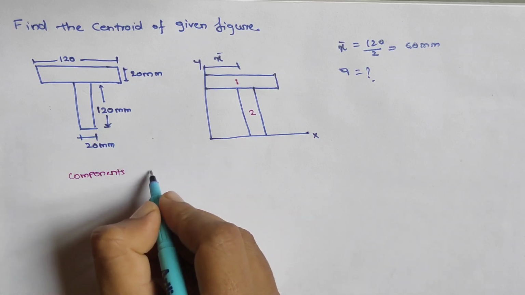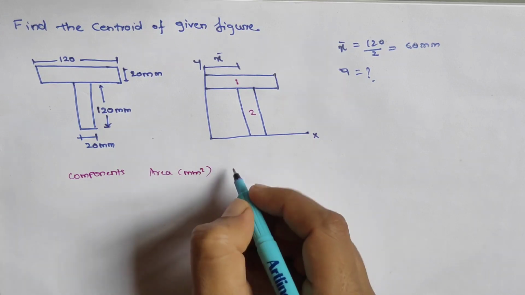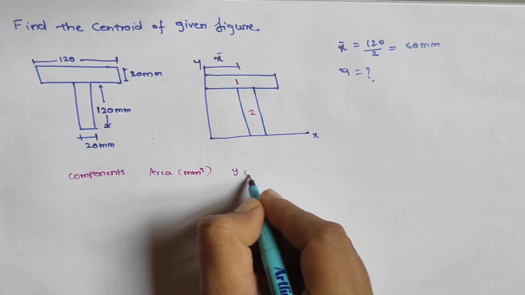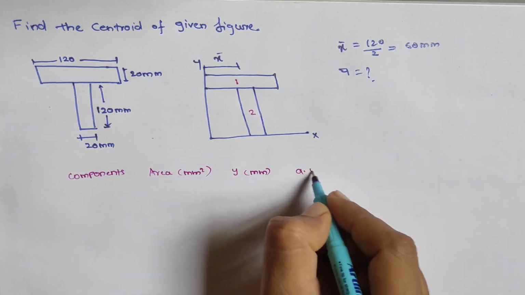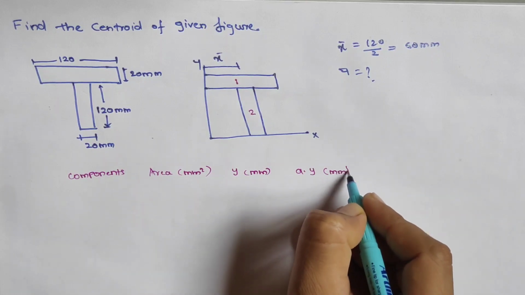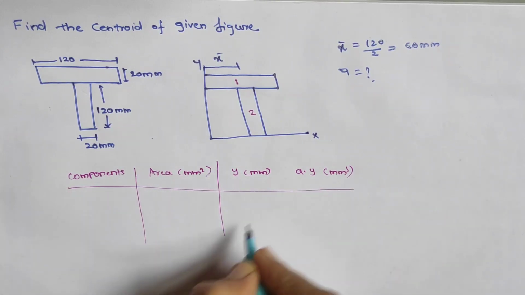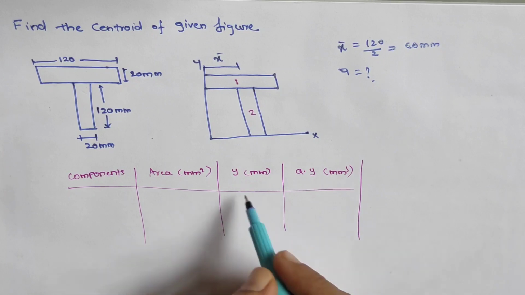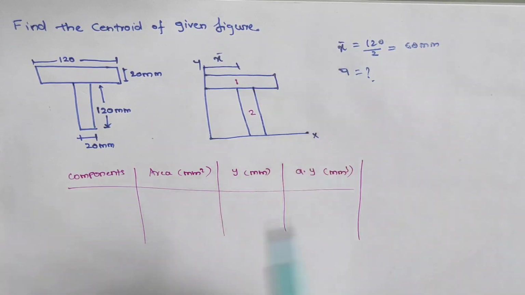Second column, area in millimeter square, and next is y in millimeter. Next, area into y, that will be millimeter cube. Here we are doing it only for y bar because x bar is already known.